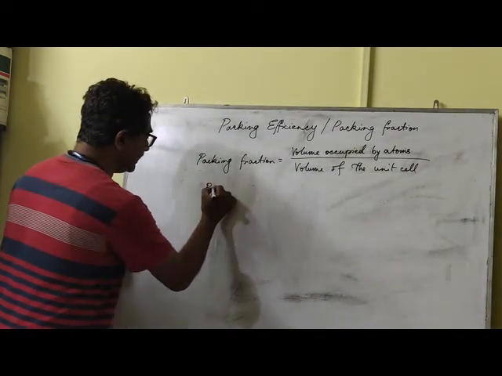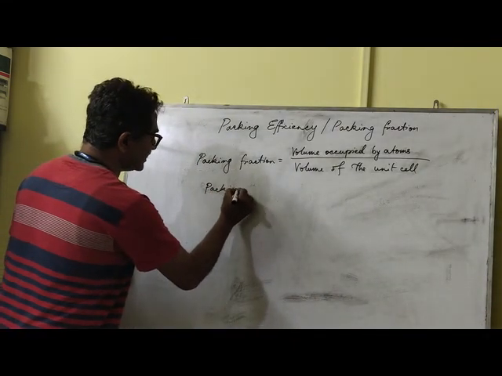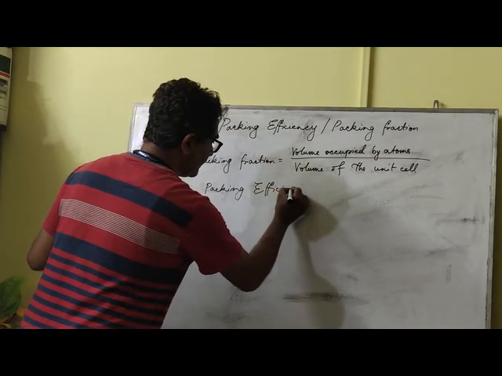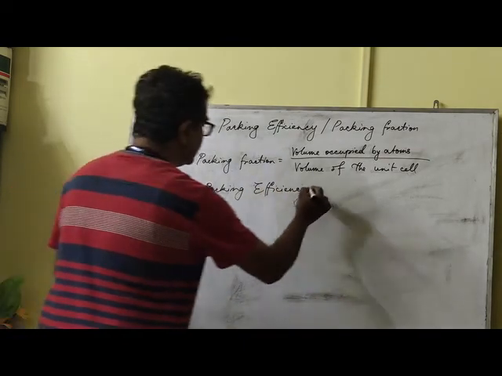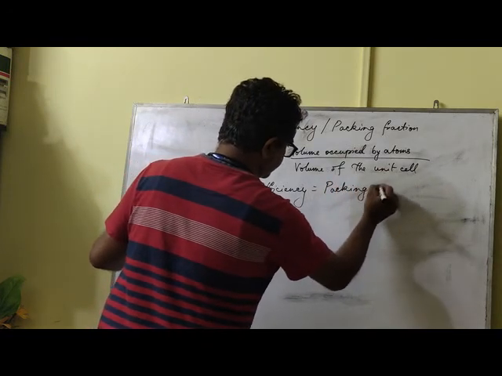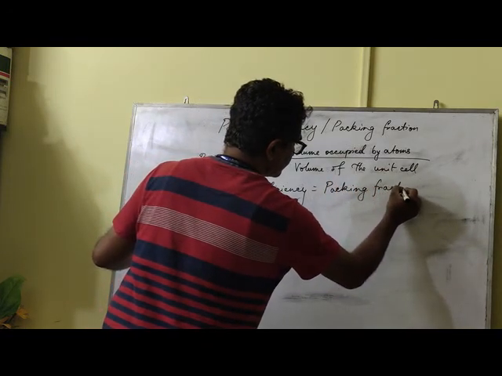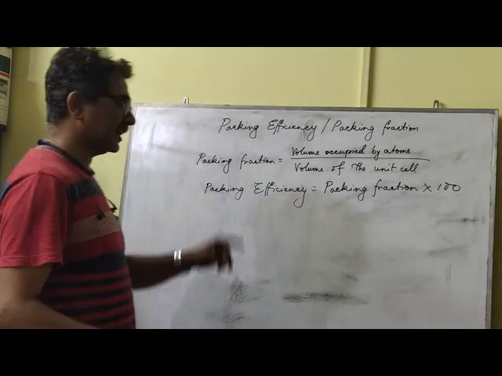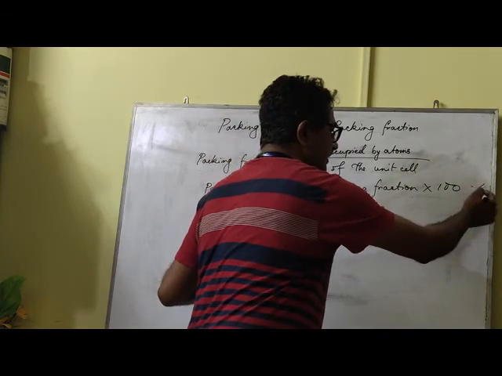And packing efficiency is simply the percentage. That means per 100. So packing fraction multiplied by 100 will give me the packing efficiency. Of course, the answer will be in the form of percentage.